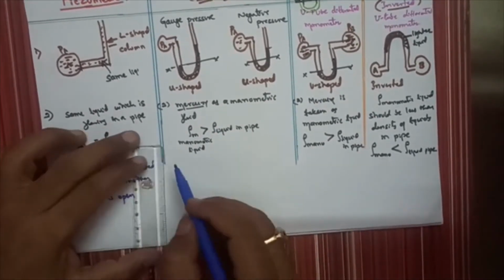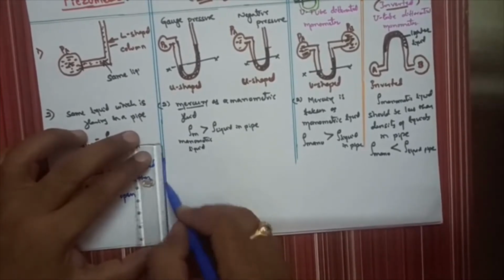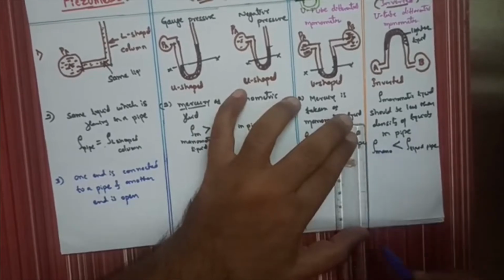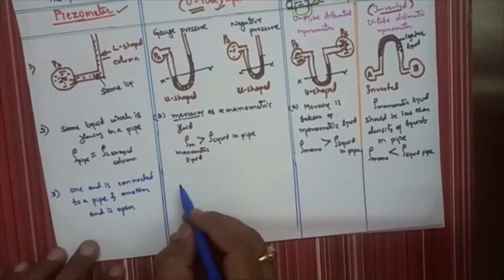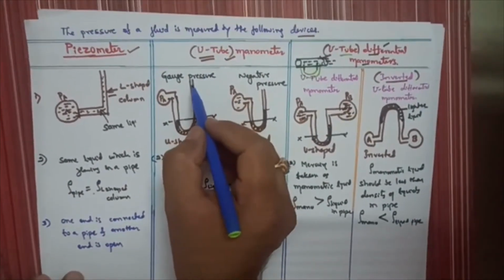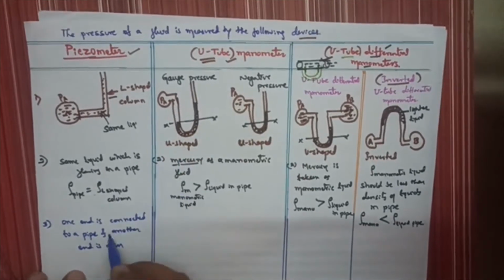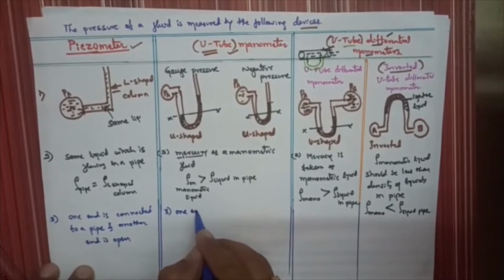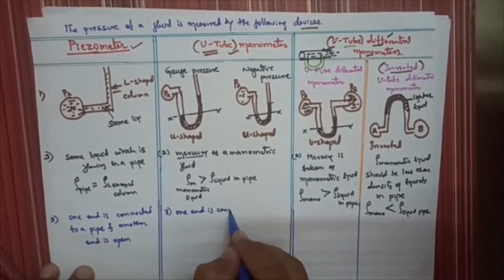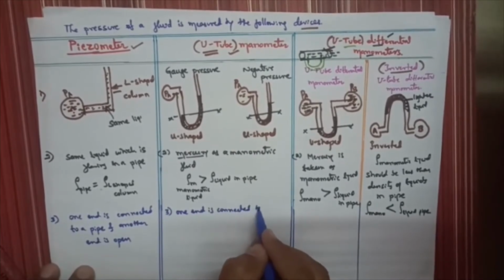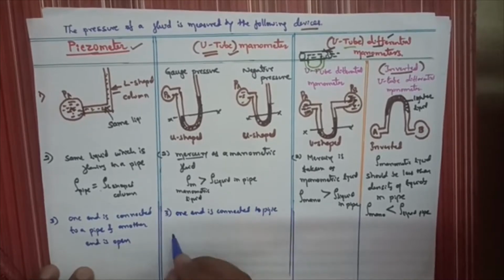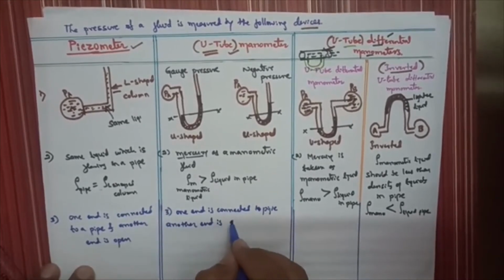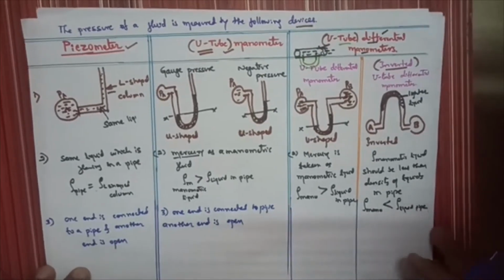Here I will take one vertical column line so it will become easy for writing. So in the U-tube manometer, same, one end is connected to the pipe, another end is open to atmosphere.